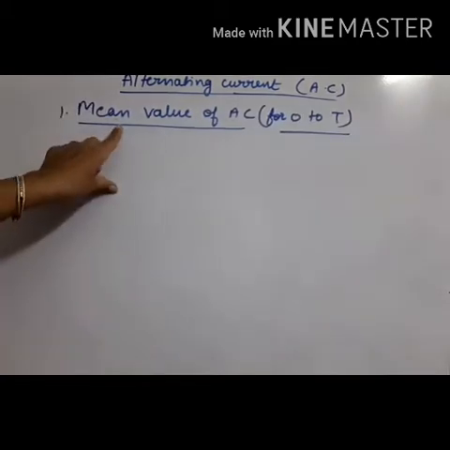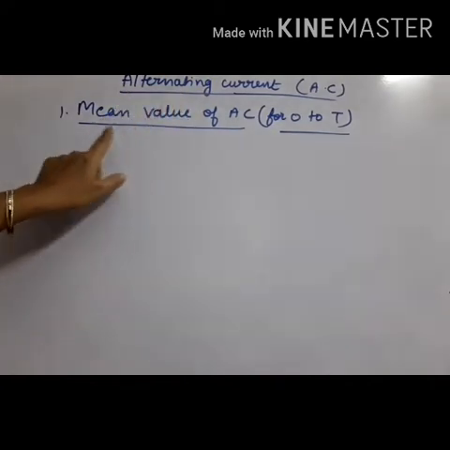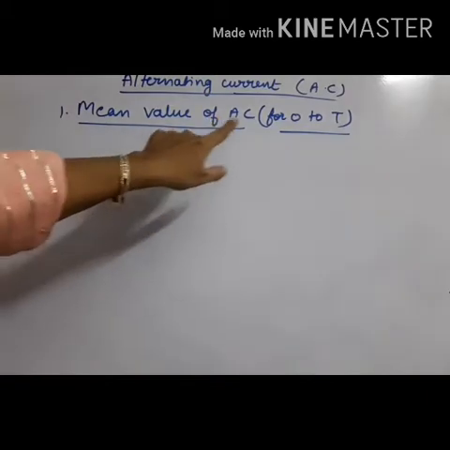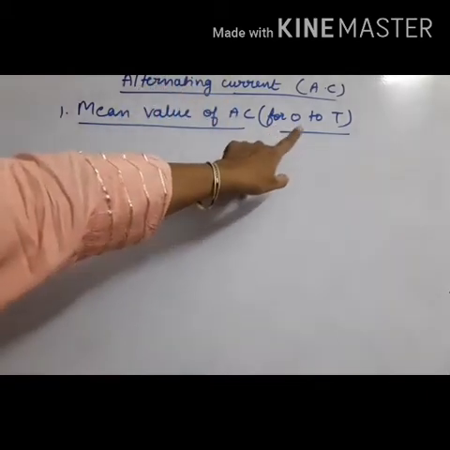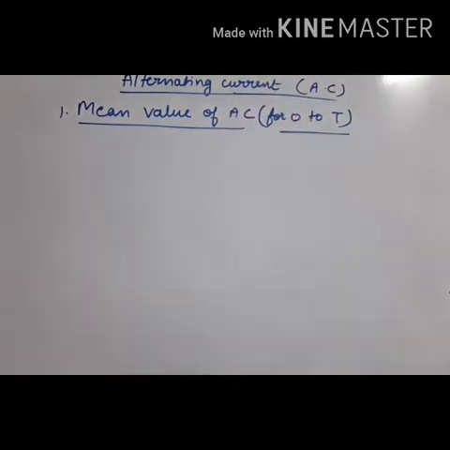Now we will be doing some calculations related to alternating current. The first calculation is the mean value of AC for the time interval 0 to T. Capital T denotes one complete cycle of AC. First of all, we have to choose the AC equation.